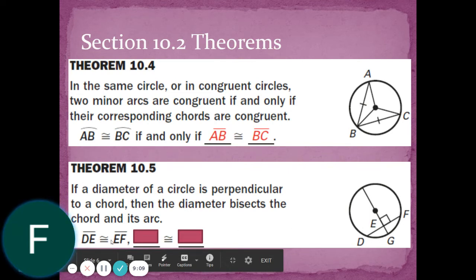So it makes DE congruent to EF, and it also makes the arc DG congruent to the arc GF. So it splits both the chord and the arc in half if the diameter is perpendicular to the chord.